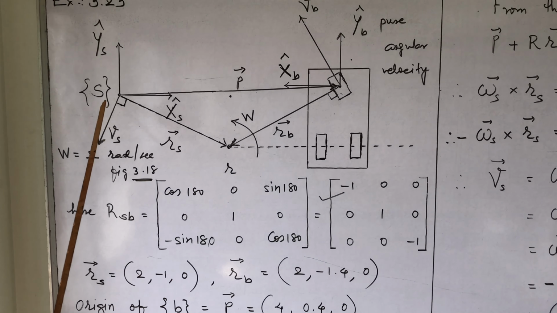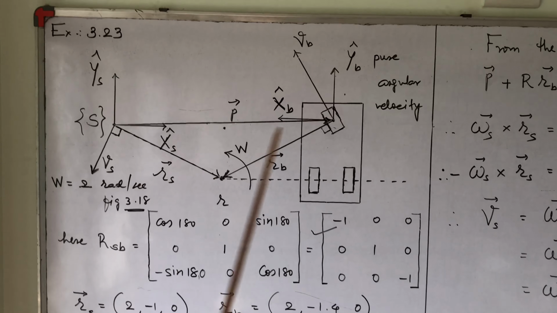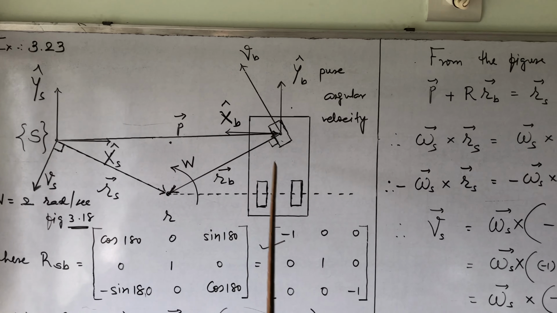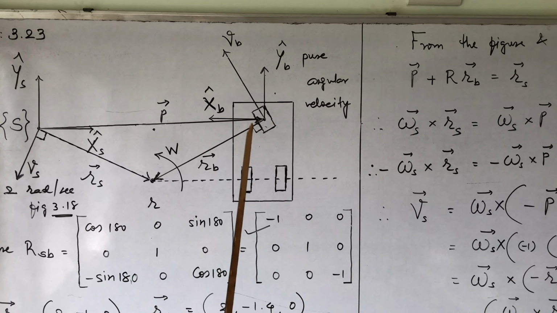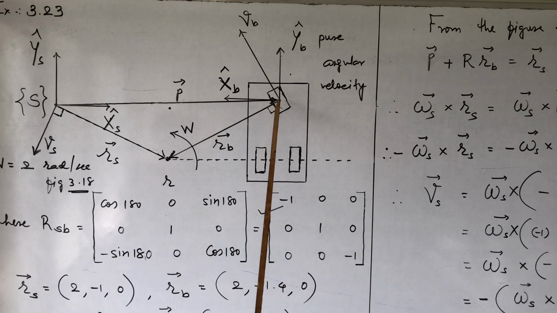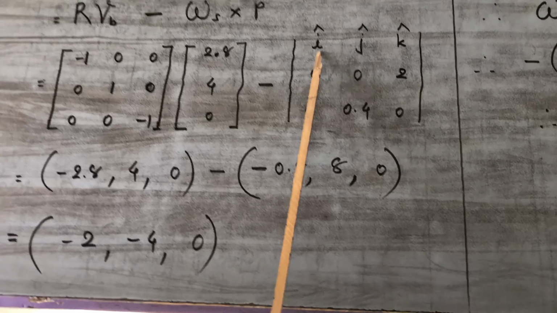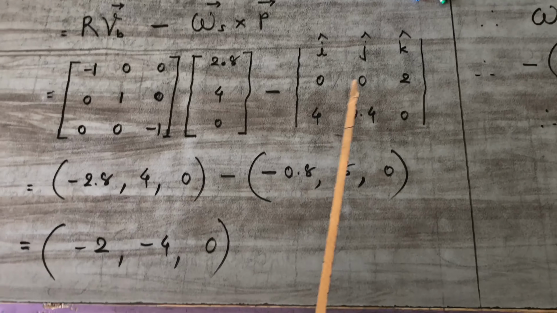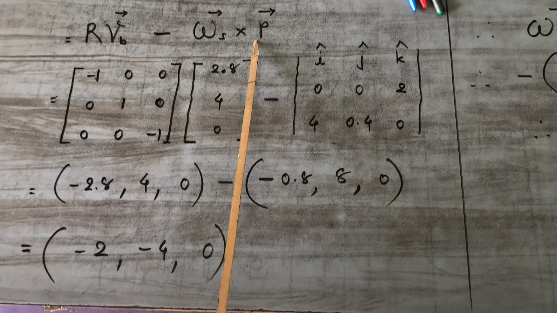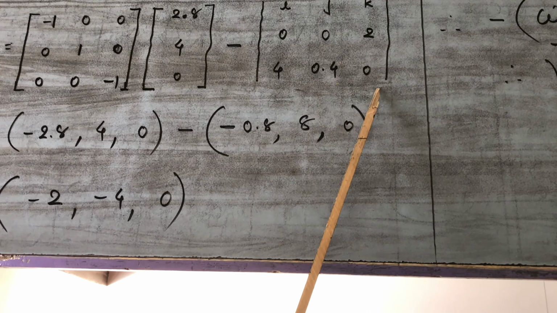So for S frame it is 0, 0, 2. Here z axis is going into the plane of board, but omega is this. So for this omega b is 0, 0, -2 to sense the direction. Now omega s is 0, 0, 2 and p, position vector of the body's origin, which is 4, 0.4, 0.